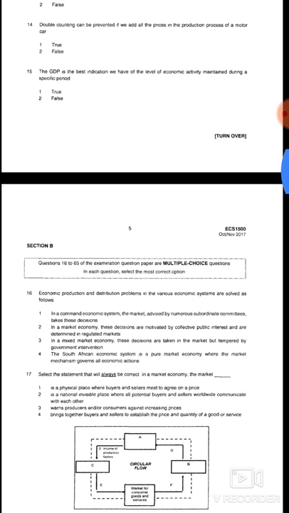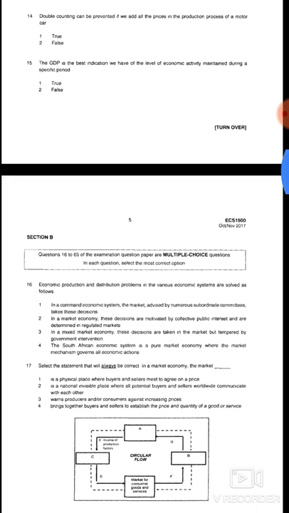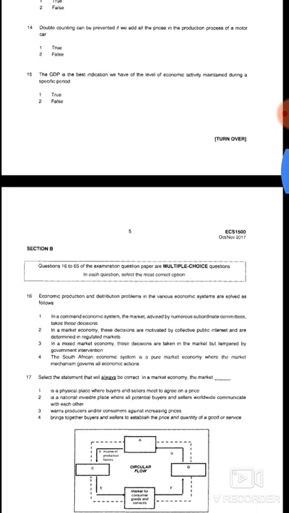We count the market price from the producer, from the wholesaler, to the retailer, till the buyer. So if we use the value added of each stage, it means double counting will be prevented. So this is true actually.